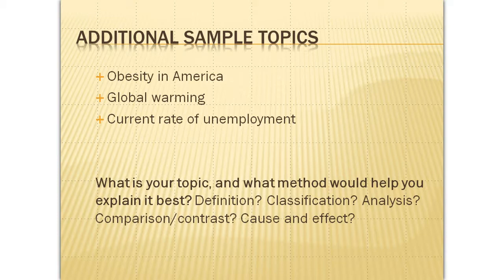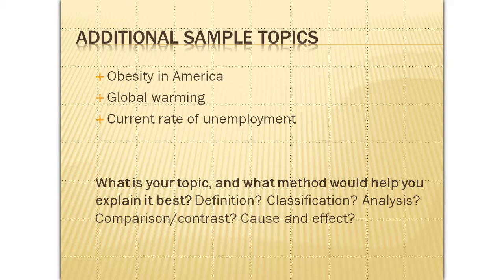So that would be one way of explaining obesity. Another might be to look at what conditions or what circumstances in America cause Americans to be obese at the rate that we are obese at this point in time. And yet another might be to define obesity in terms of the actual impact being overweight has on Americans. What happens to the heart, what happens to the liver, what happens to one's activity level, etc.